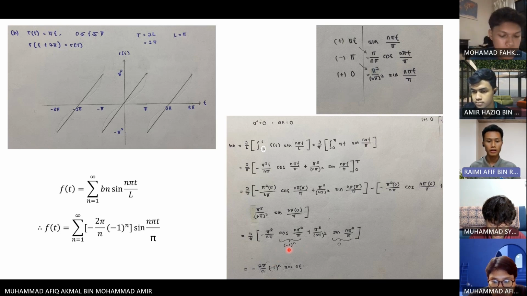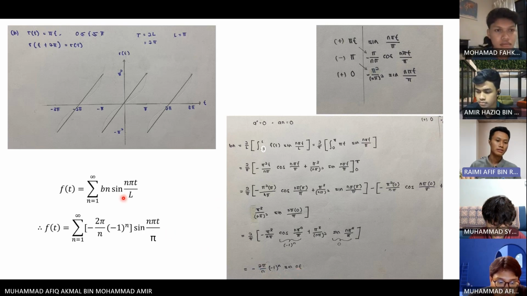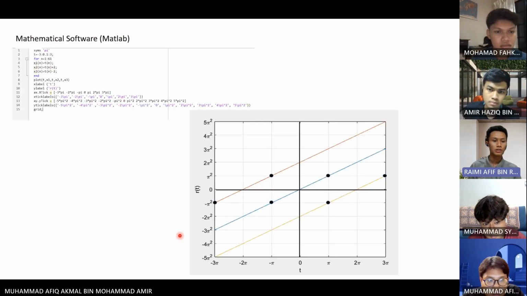Then we get the final answer, which is negative 2 pi over n times (negative 1)^n sine nt. Next, we take the final answer into the f(t) equation, the general equation, the sum from n equal to 1 to infinity of bn sine n pi t over L, and we take the final answer as the bn.